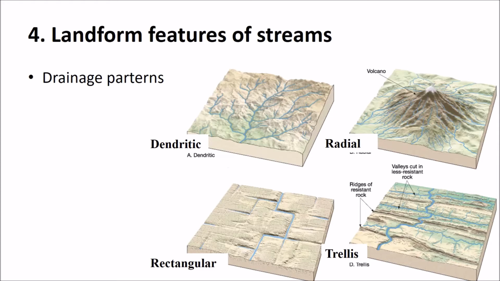And here the next part we talk about the features of the stream. Sorry, the landforms that are caused by stream flows. One very common thing is landforms, the landscape on the surface, caused by different activities. It can be due to volcanic activity.